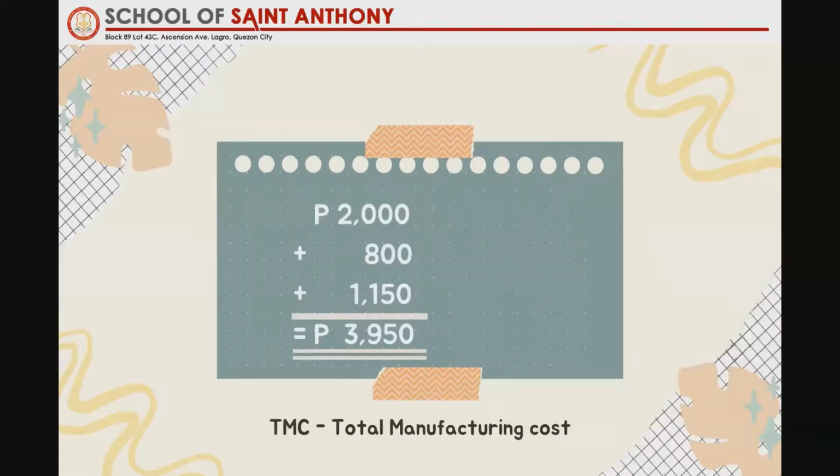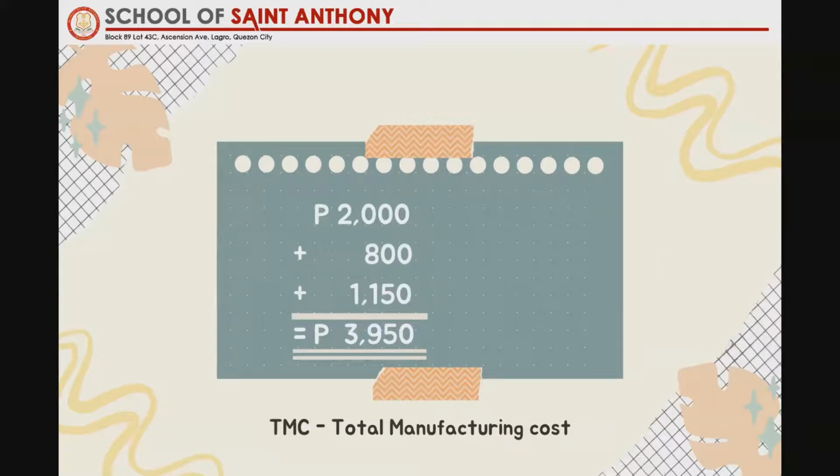Here's an example. Let's say you have 2,000 worth of direct materials, 800 worth of direct labor, and a total of 1,150 for your factory overhead. Then the total manufacturing cost is 3,950, meaning you have to spend 3,950 in order to produce the product.